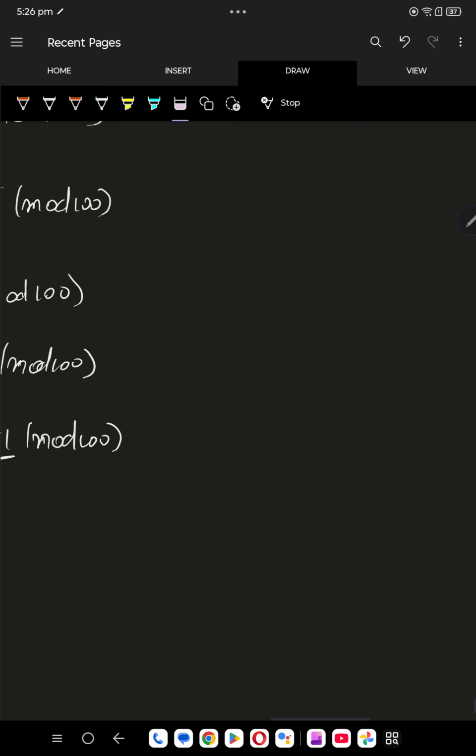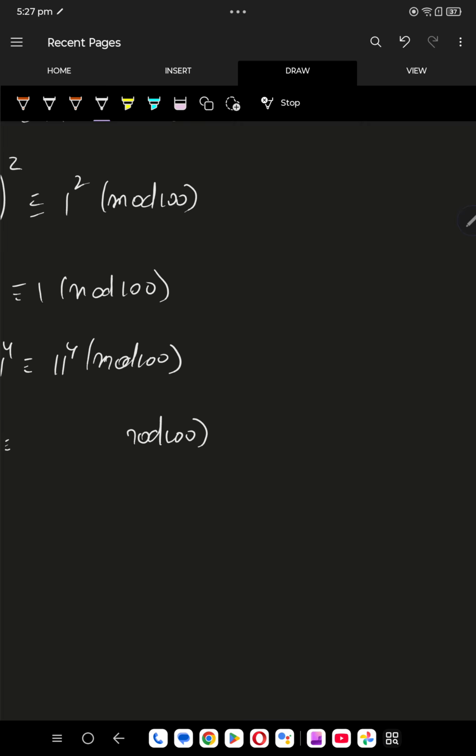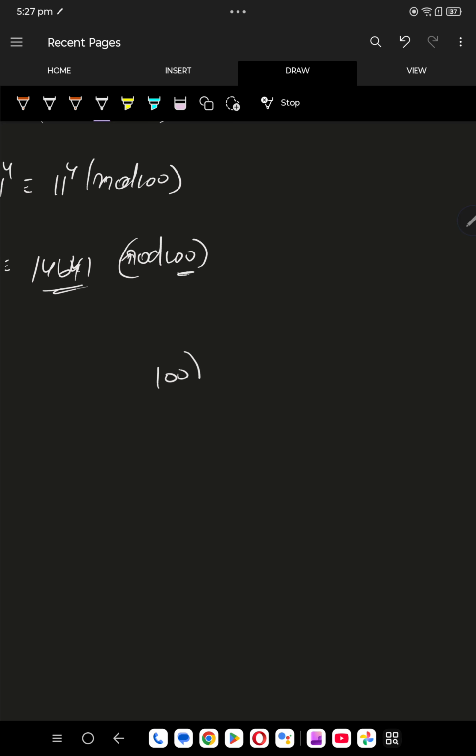So either you take the last digits and write 41 as the remainder, or let me tell you: if you want this number to be less than 100, we divide 14641 by 100. We know it goes 146 times, and 14600 subtracted gives 41.